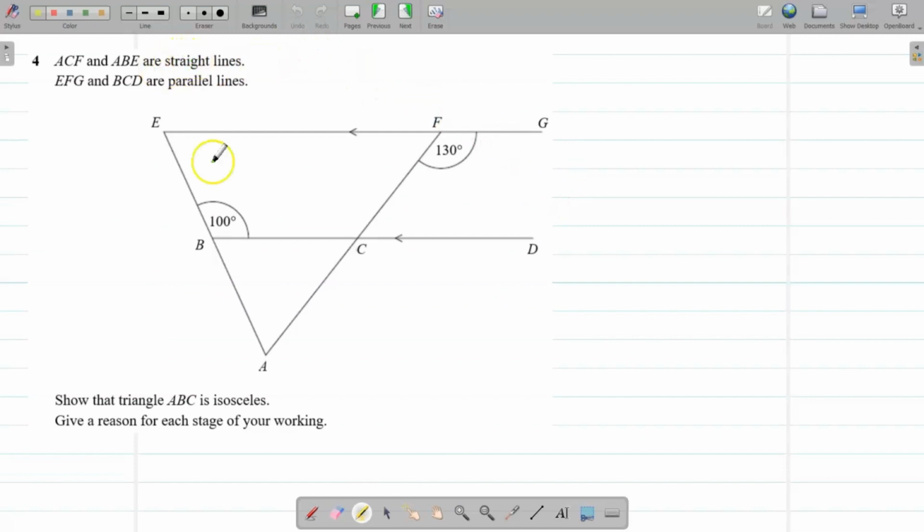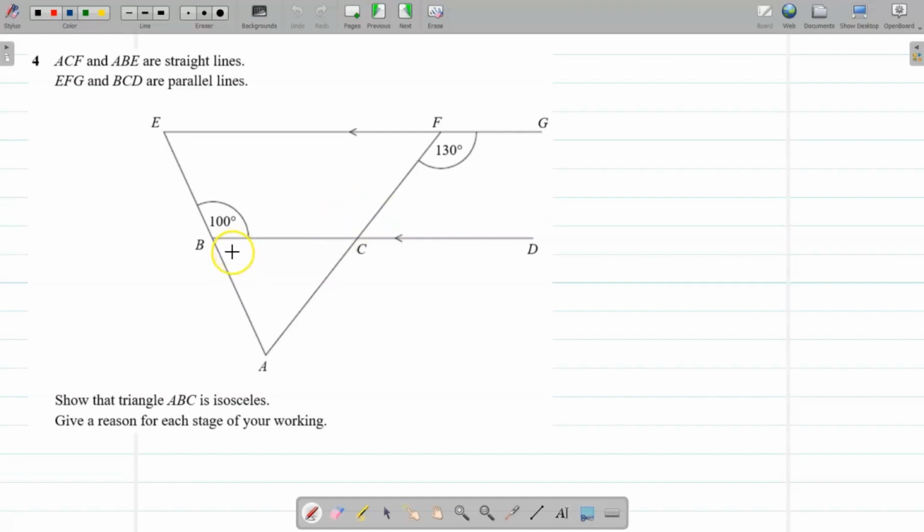Okay, in this question, we have to give a proof that, or show that, triangle ABC is isosceles. The diagram won't be drawn to scale, so we have to show sufficient working. Well, what we could do here, there's several approaches. Write the angles in as you find them.